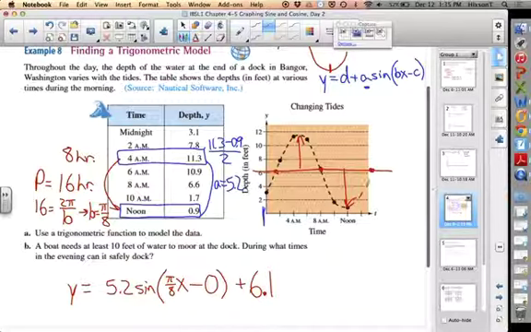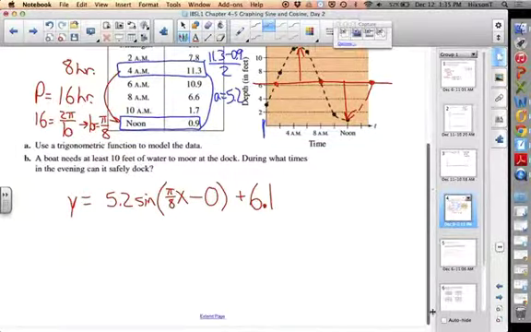So we add those together and divide it by 2, or you could take the highest point minus 5.2. Either way, you get 6.1. Now, you don't have to put the minus 0 in there.